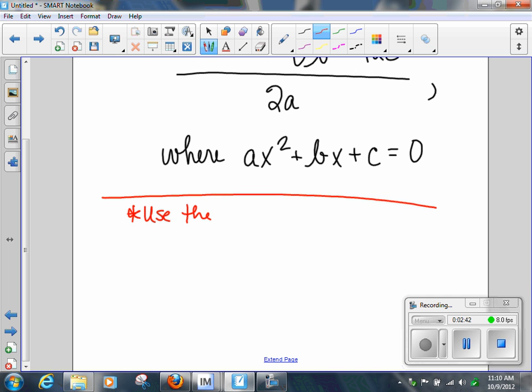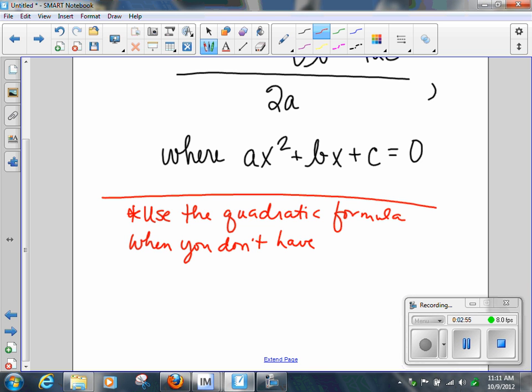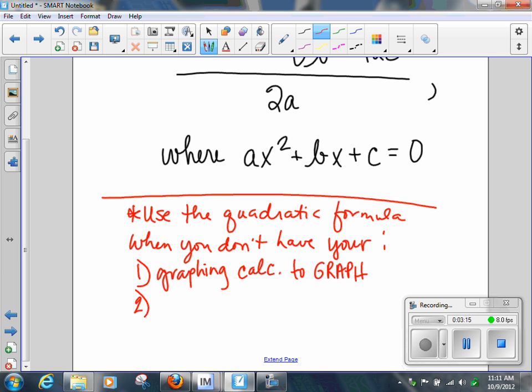Use the quadratic formula when you don't have your graphing calculator to graph, or when the quadratic cannot be factored.